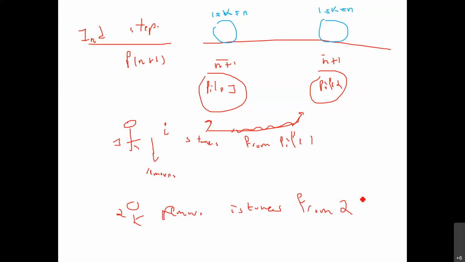But what happens now? We are left with this pile having n plus 1 minus i stones, and this pile also has n plus 1 minus i stones. But this is between n and 1, because i has to be positive, they have to remove some number of stones.